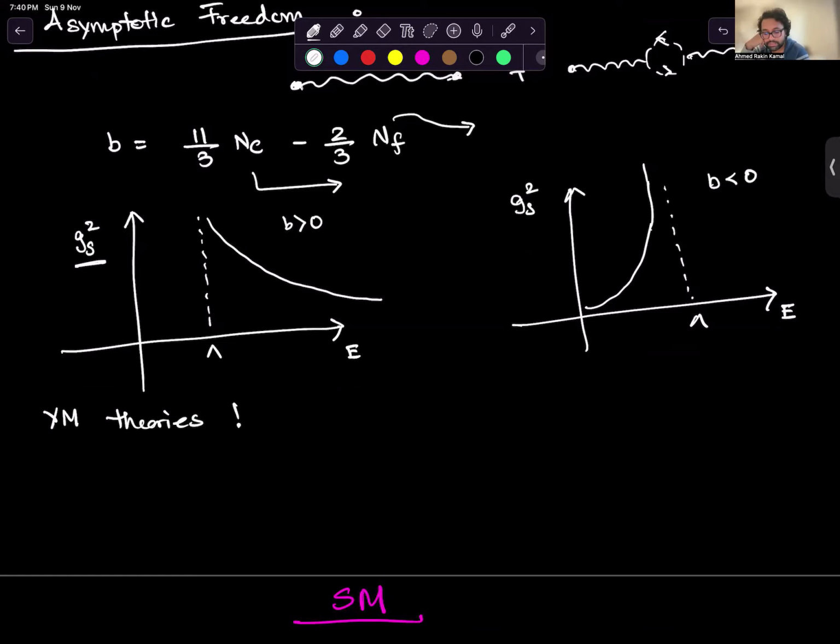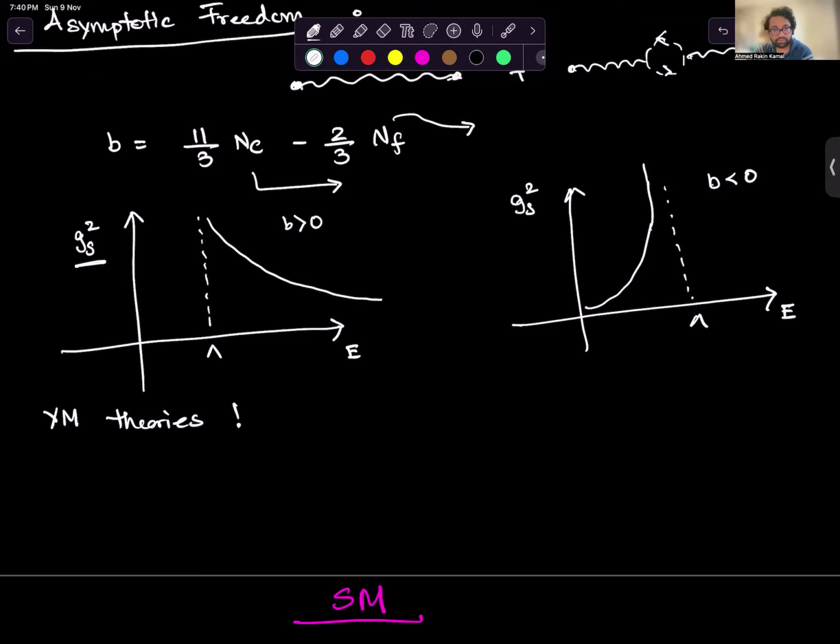As you go into higher and higher energies, quarks become asymptotically free, in the sense that as you take two quarks closer and closer together, they behave as if they're free particles because the strength of interaction decreases.